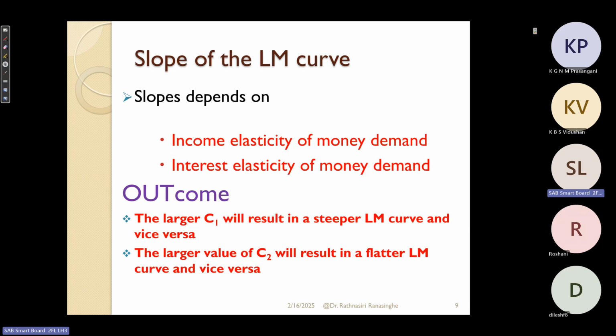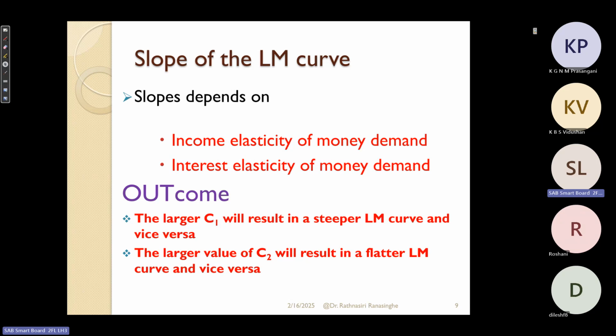If C1 is low, the response of money demand to a change in income is small, so sensitivity is low. C1 explains the relationship between income and money demand, which can be strong or weak. Larger means a strong relationship.